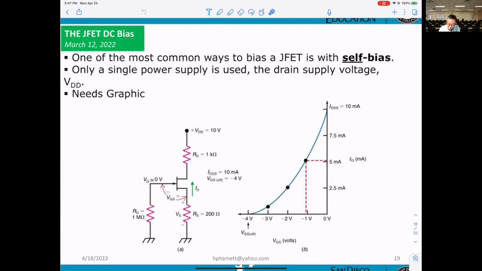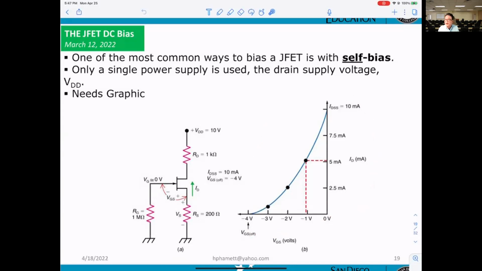So that's why they say on the single power supply, you also need the graph. That means they give you the self bias circuitry, and they also have to give you the data graph to tell you how we can do the calculation. Without this graph, it is very, very difficult to calculate the DC bias for the self bias.